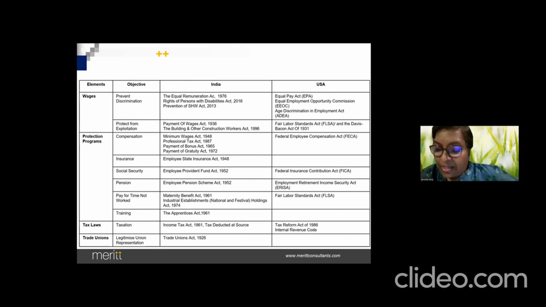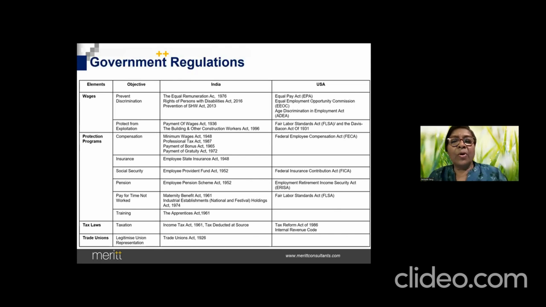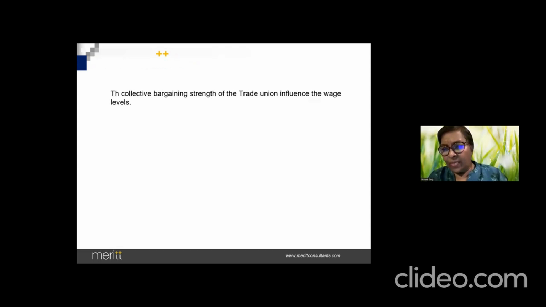All right, guys. Now let's go on to the next one, which is also equally important. In some organizations, you have a unionized workforce. Then there are trade unions, and they go through a process called collective bargaining, which holds good for the wages.